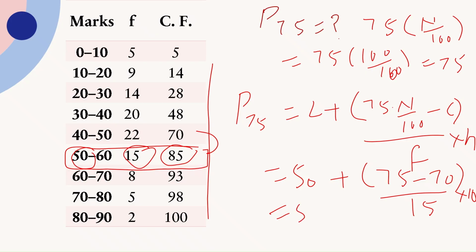So on simplifying, this is 50 plus 3.33, which is equal to 53.33, is the P75.